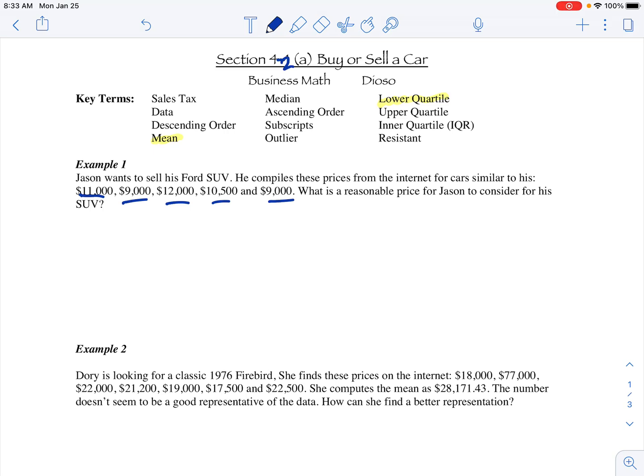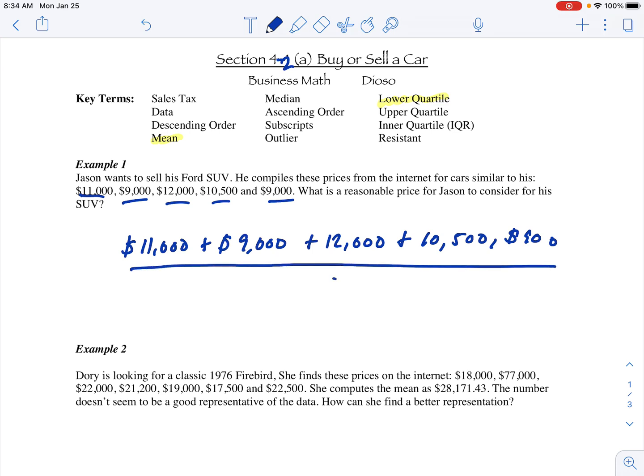Now everything also gets factored in is the condition of everything. So we're going to take all of these and divide by 5, and we will get 10,500.